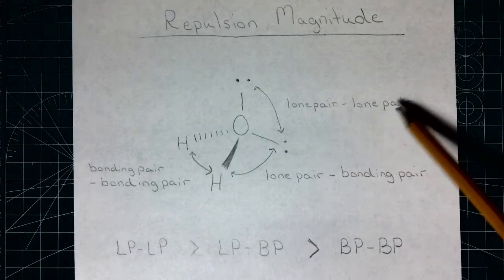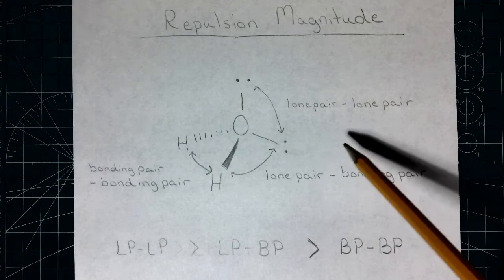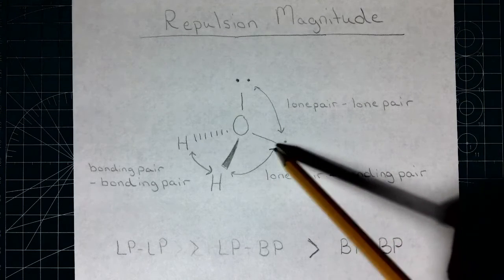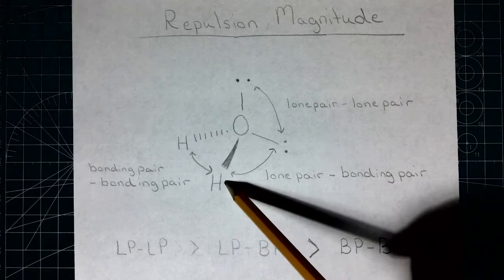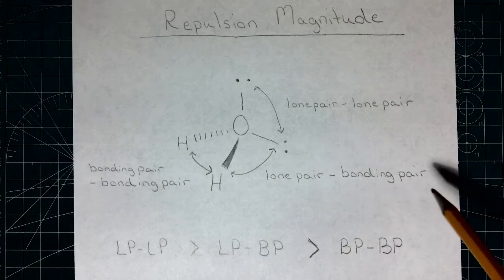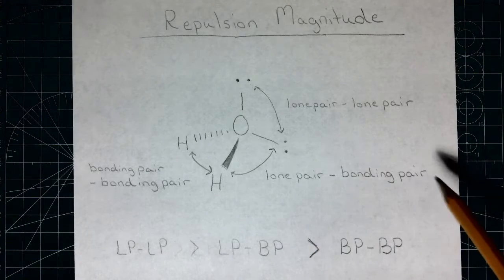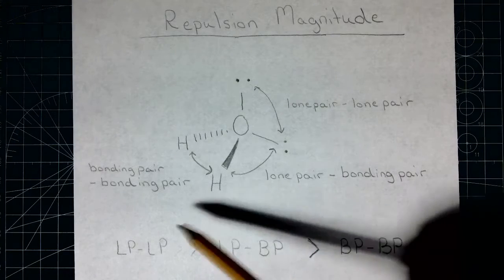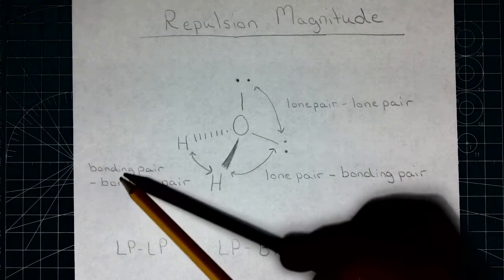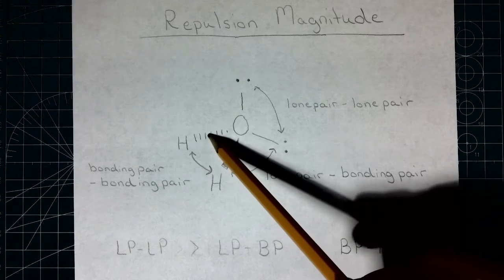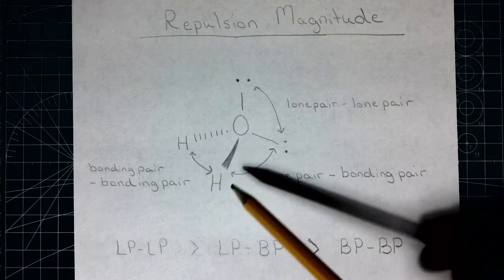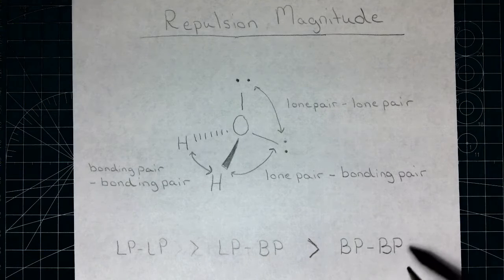These are going to be the strongest of our interactions. We have the interaction between a lone pair and an atom. This is going to be the next strongest interaction. And then finally, we have between two bonding pairs here, and that is the weakest of the interactions that we have.